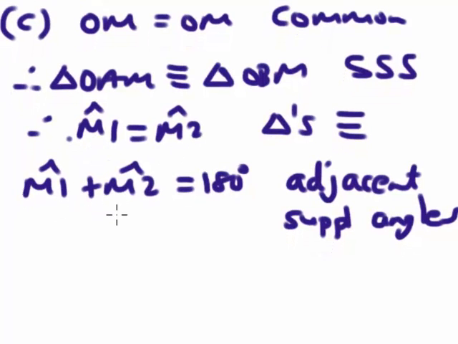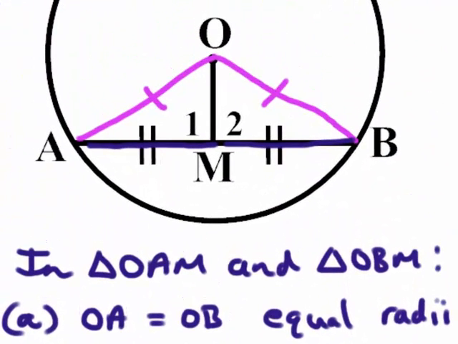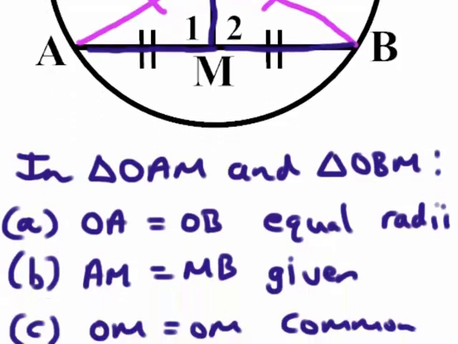So the only two equal angles that add up to 180 would be 90. So therefore, M1 is equal to M2 is 90. And therefore, OM is perpendicular to AB. And there you've proved, beyond a shadow of a doubt, theorem 1, which says the line from the center to the midpoint of the chord is perpendicular to the chord.